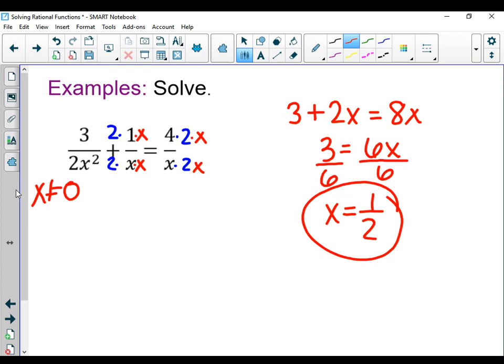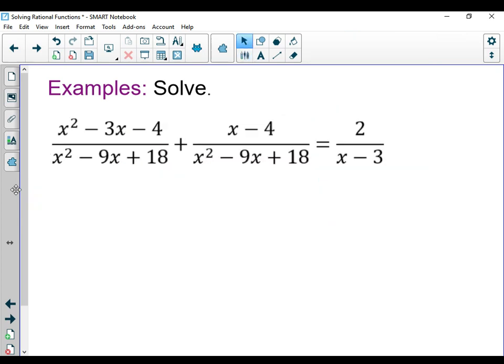Okay, so where x can't be 0, and then let's say you get the answer 0. What do you think your answer is? No real solution. You don't have to be picky with the real. You can just say no solution. So if they're telling you your answer is this, but it can't be this, and that's your only option, it's no solution. That's a good question.